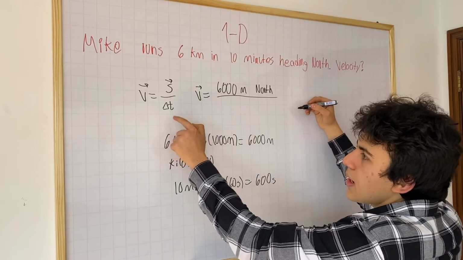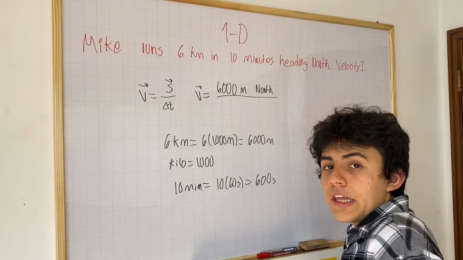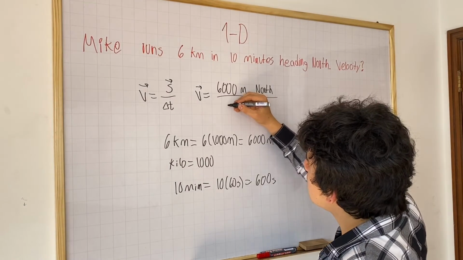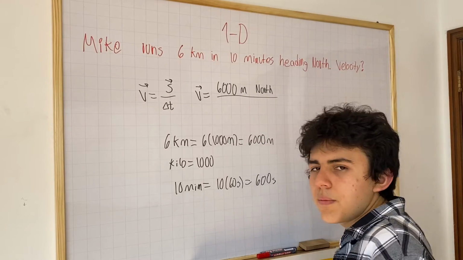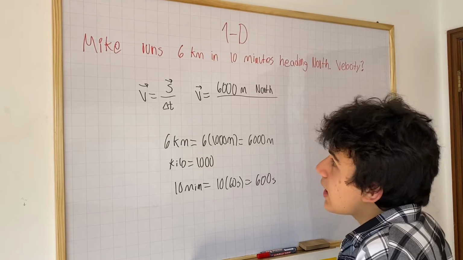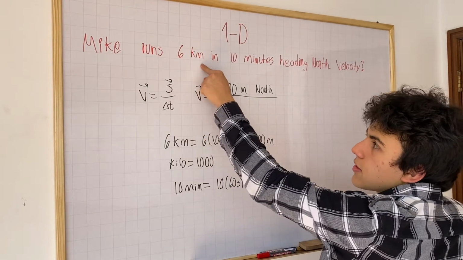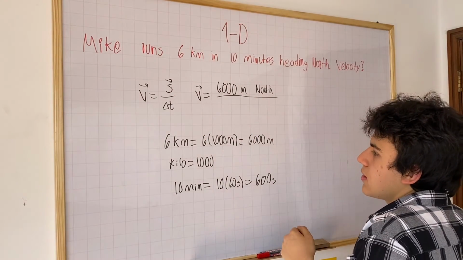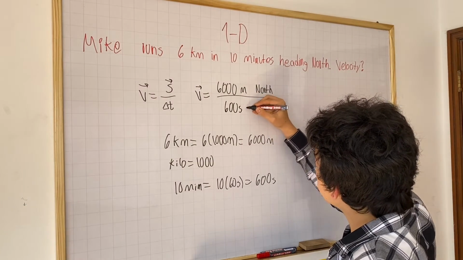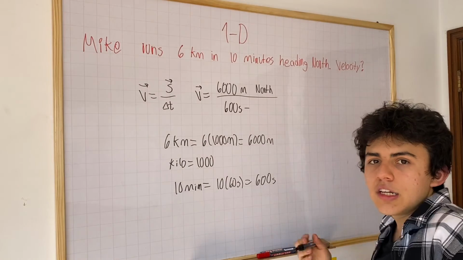is going to be divided by the change in time. The change in time is going to be our final time, let's call it TF, minus TI. Now, what is our final time? Well, that is when he stops running the 6 kilometers. So you would have 600 seconds minus, and what was the initial time?